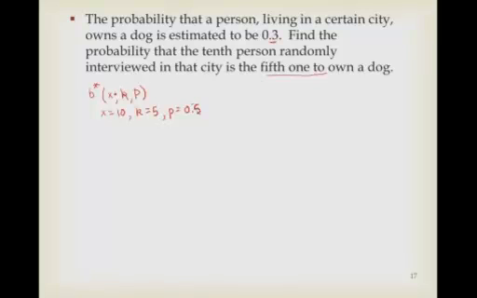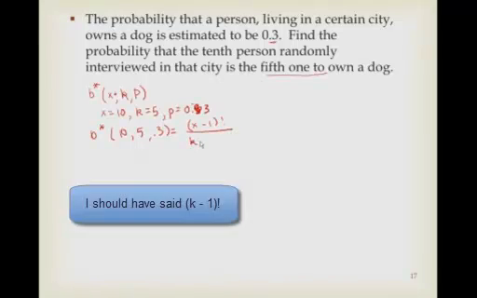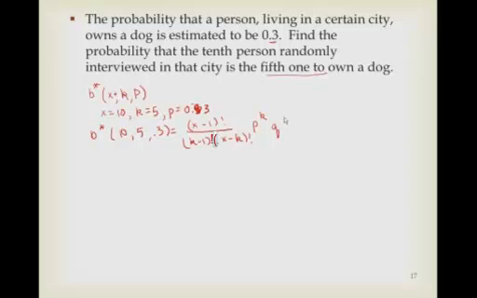So a negative binomial of 10, 5, and 0.3 is equal to, just this one time I'm going to beat it to death so you see every little detail, x minus 1 factorial over k minus 1 factorial times x minus k factorial, p to the k, q to the x minus k.